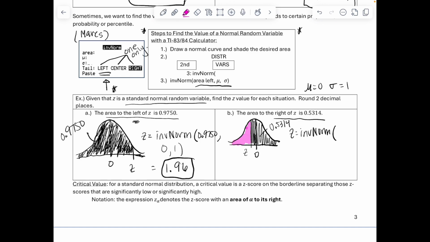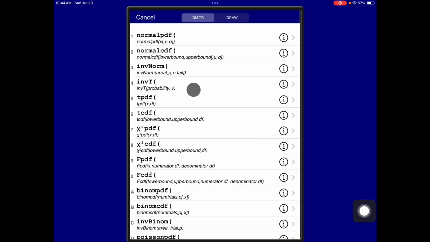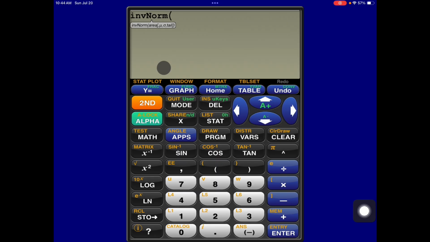And I'll put that in a different color here. And to do this, we need to do 1 minus 0.5314. And so when you subtract that on your calculator, you get 0.4686. And then our mean is 0, standard deviation is 1. On the graphing calculator, we're going to go to second vars, inverse norm, INVNORM.